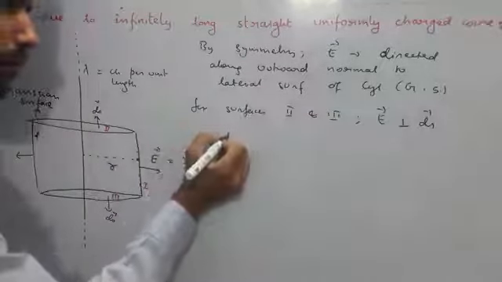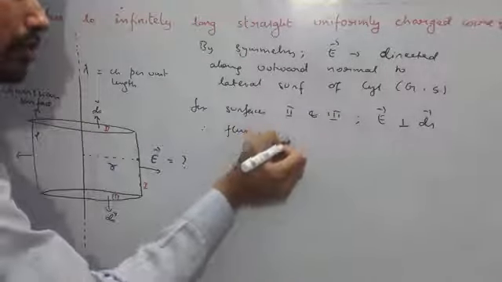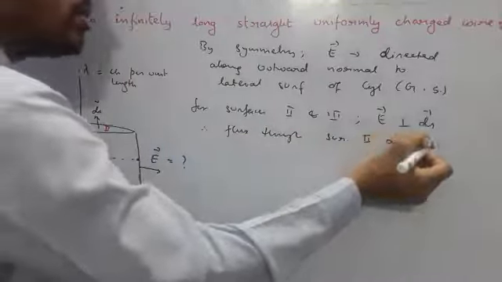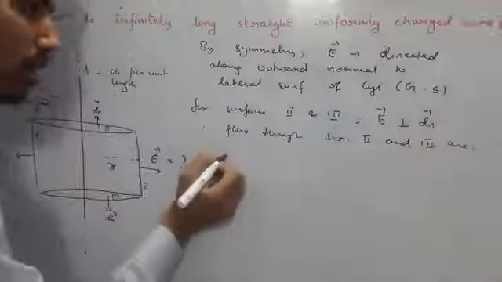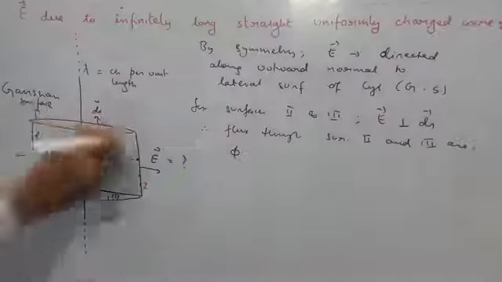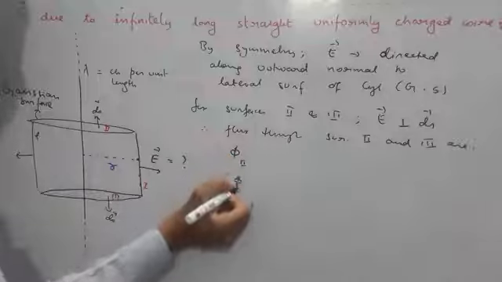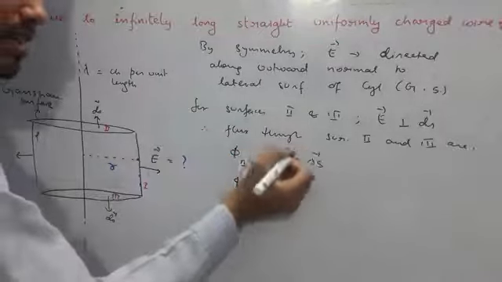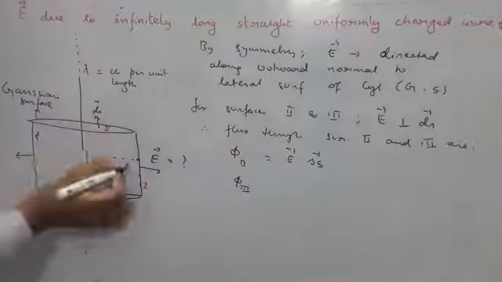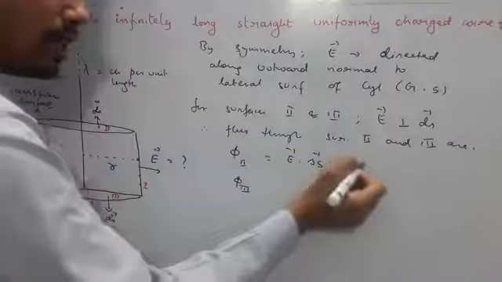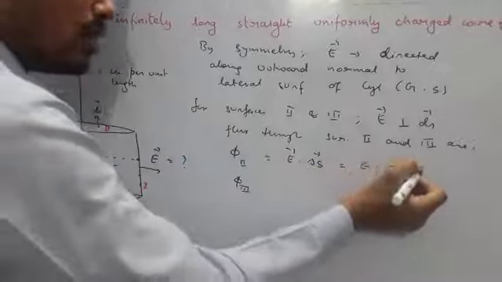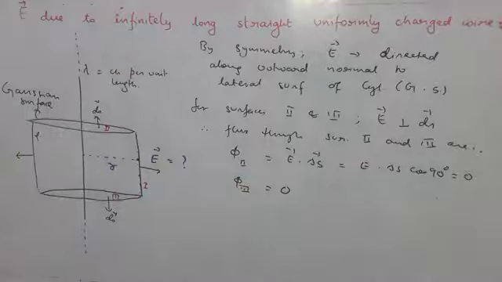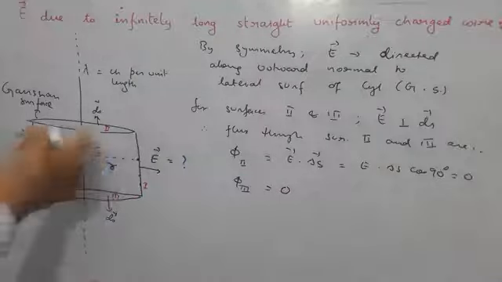Therefore, the flux through surfaces 2 and 3 will be how much, students? Flux through surface 2 I'll write as phi 2, and through surface 3 as phi 3. This becomes E dot delta S, but E and delta S are perpendicular, so this becomes E into delta S into cos 90, that is 0. Likewise, this also becomes 0. So the only non-zero part will be due to surface 1.